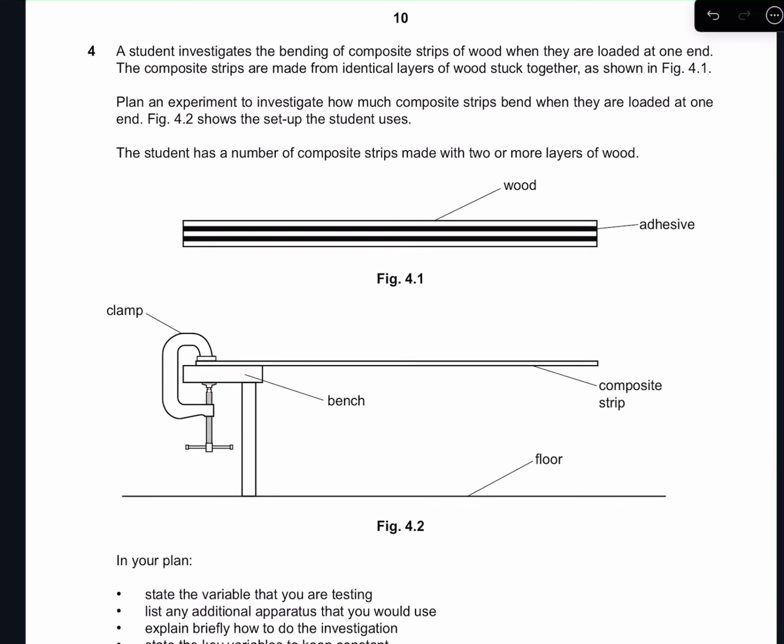Let's move to the last question, the planning part. The statement is given. Some things in the statement are the most important. This is the key point.